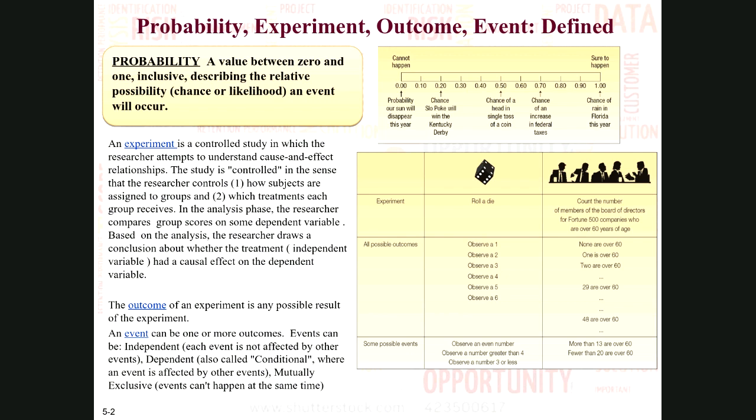In the analysis phase, the researcher compares group scores on some dependent variable, and based on the analysis, draws a conclusion about whether the treatment, the independent variable, had a causal effect on the dependent variable. So you're looking at a relationship between some independent variable, something that doesn't vary in the experiment, and the dependent variable, which does vary in the experiment.